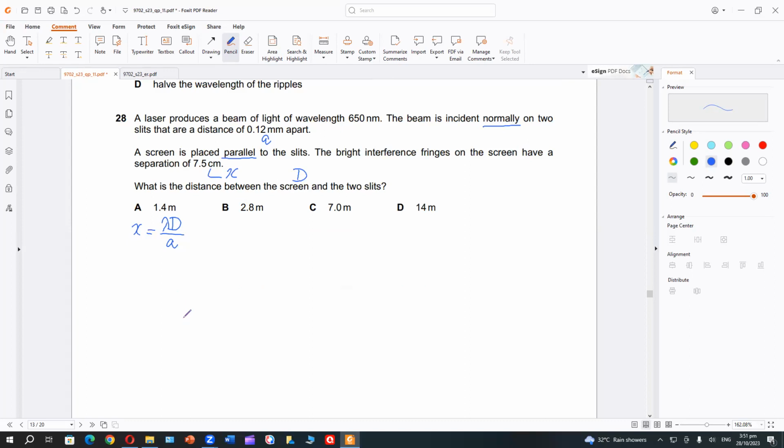Now I have the formula, I have the values, but what should I do with lambda? Wavelength is 650 nanometer. So I think we should convert it. I should rearrange it first because I should get D as the subject.